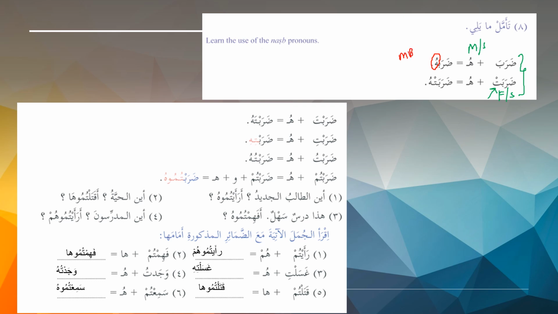Some may get confused on attaching the pronouns with the past tense. So I have done this in detail in the Quranic Arabic videos in the lesson of attached pronouns. You can watch that video if you are confused with the pronouns and the past tense, because you need to understand the structure when you attach the pronouns.